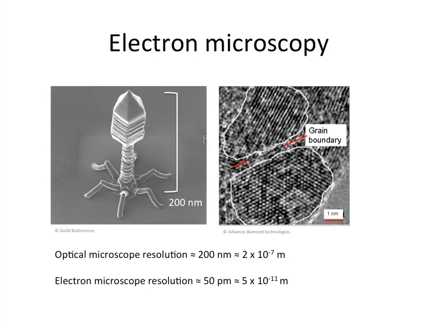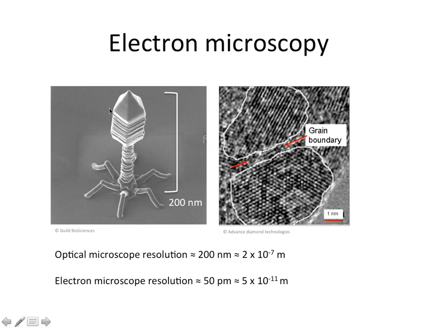Instead, they rely on the fact that electrons, as well as being particles as we know them, also act like waves. And as they act like waves, we can use them to produce pictures, but of much higher resolution, because the wavelength of these waves is much smaller than the wavelength of visible light.